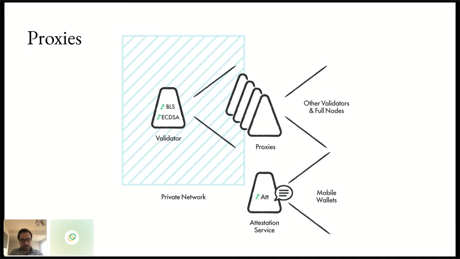And because a validator can connect to multiple proxies, if one of the proxies goes down from just regular machines getting restarted, or if it's actually being attacked, then the validator can use its other proxies to make up for the proxy that did go down.